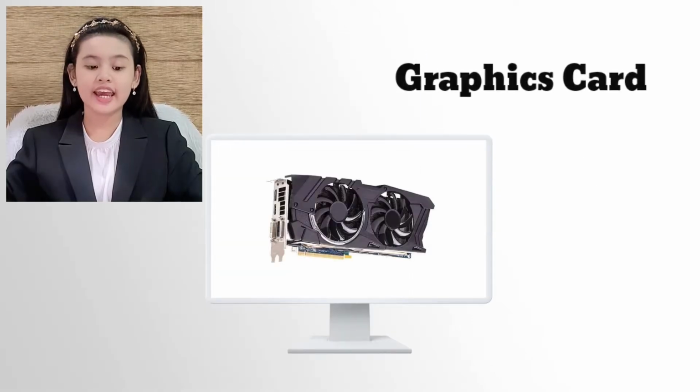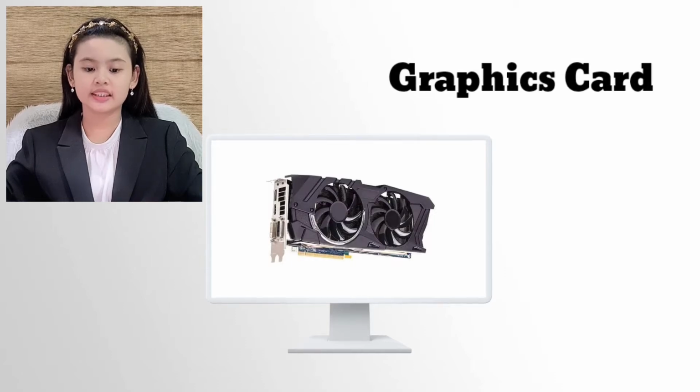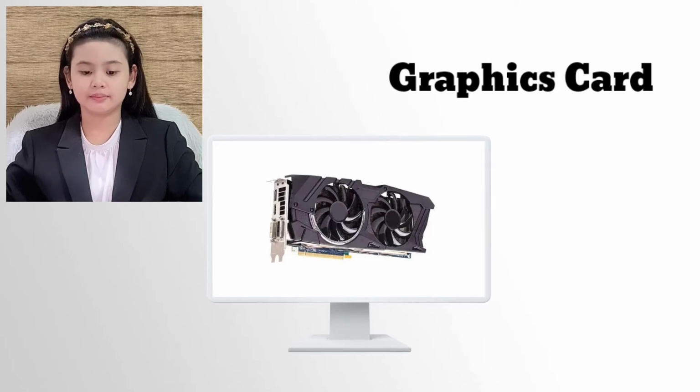Graphics card. A graphics card processes the data from the motherboard and sends the appropriate information to the monitor for it to be displayed. It can do so using the HDMI, DisplayPort, DVI, or VGA connector.